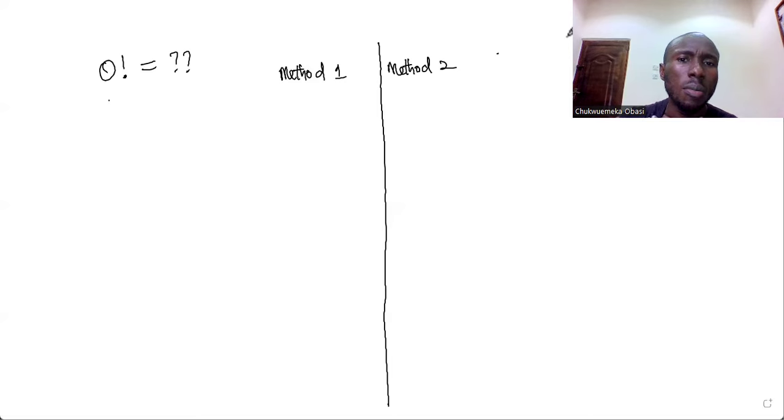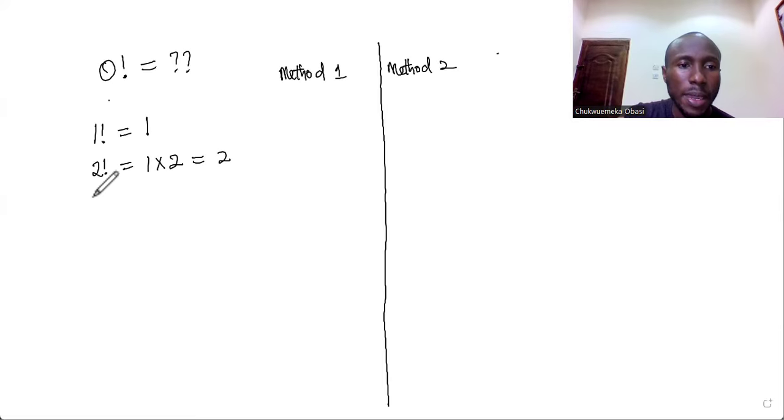Now, this is all about factorials. Before we start proving 0 factorial is 1, let us talk about factorials. We know that 1 factorial is just 1. 2 factorial is 1 times 2, and that is 2.